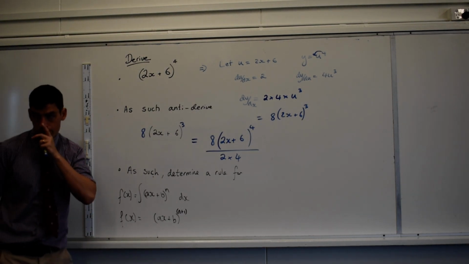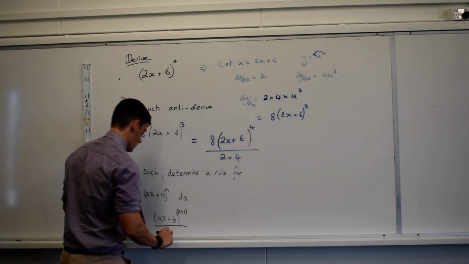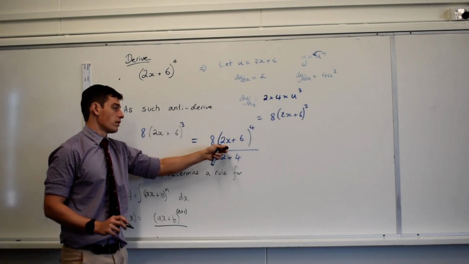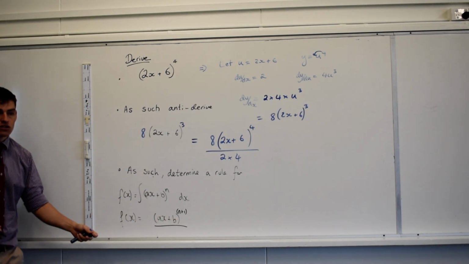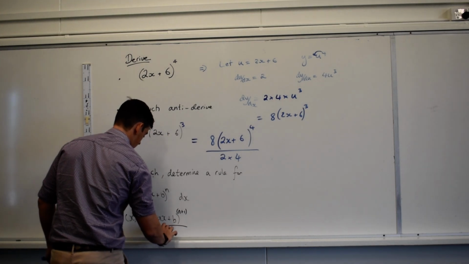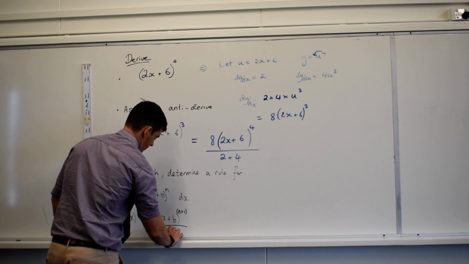Where did the 2 come from? The derivative of the thing inside the bracket, which happens to be 2. What letter signifies the 2 in this? A. And then what do we do between the A and the new power? Multiply them.